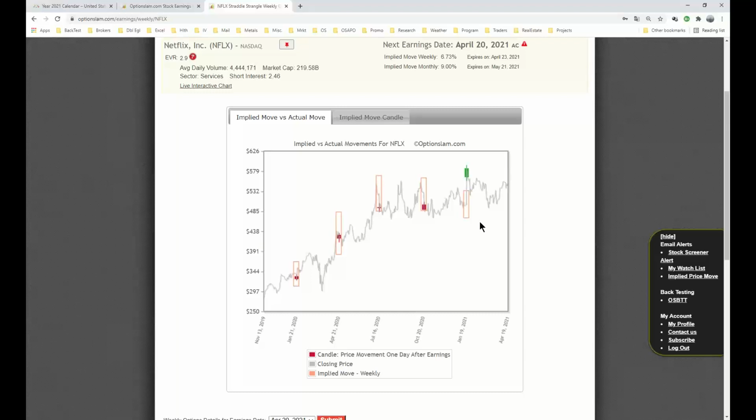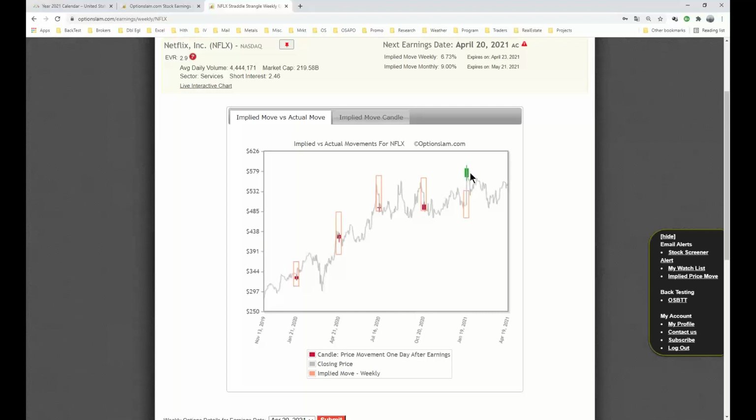But graphics make it easy for me to see that an iron condor placed on Netflix last quarter would have been a loser, because this is the implied move, this orange rectangle, okay? That's the implied move going into earnings, and price was in the middle here. And then here's the actual one-day move. So the stock actually moved outside of the implied move substantially last quarter.